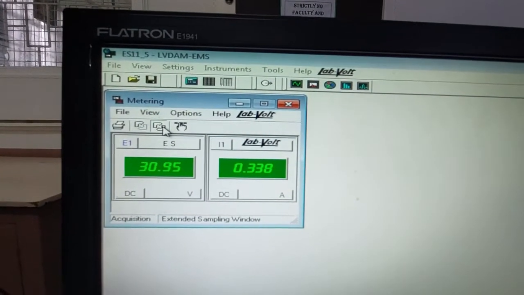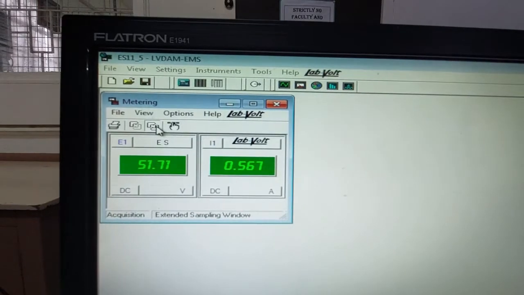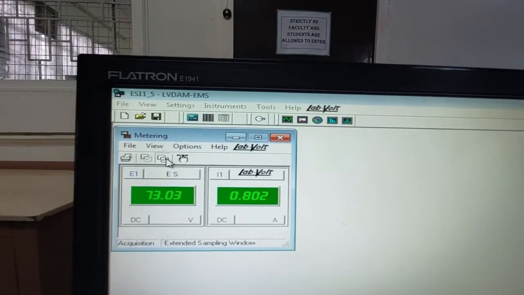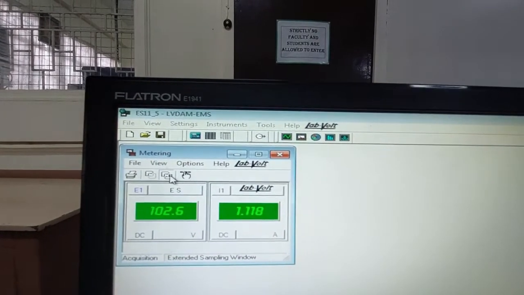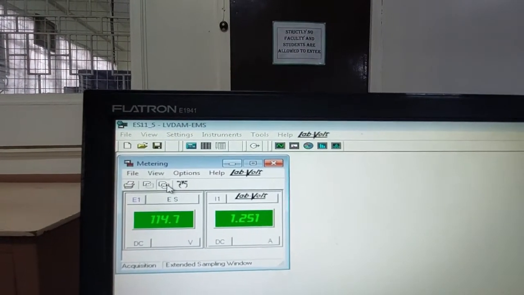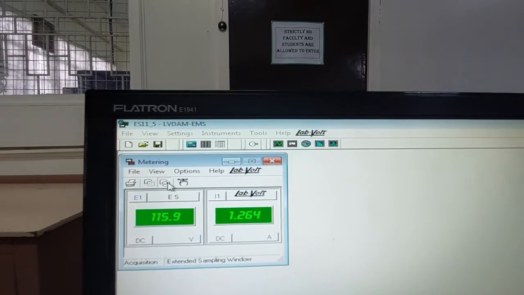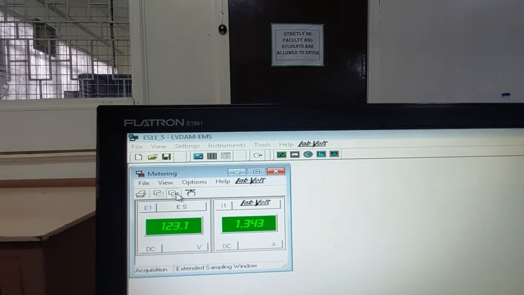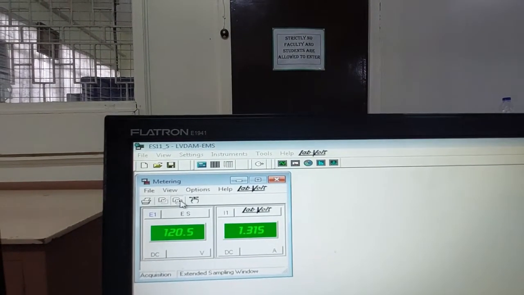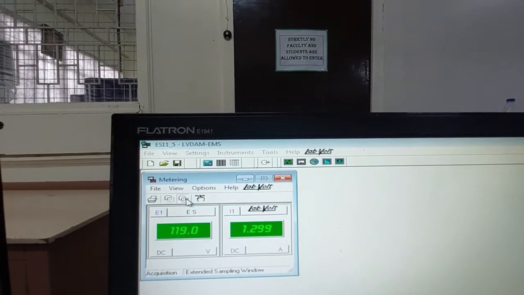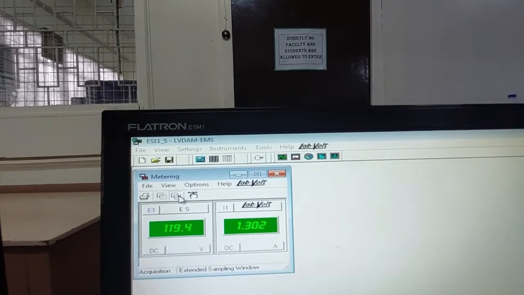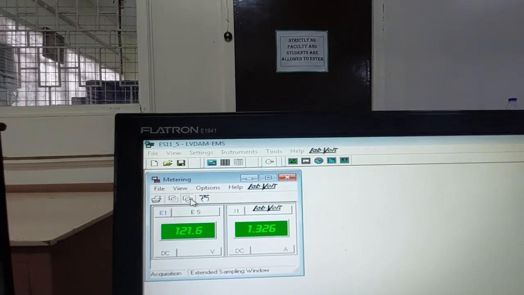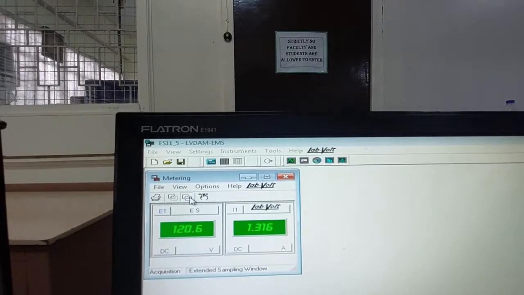So from that, titignan din natin sa meter. Kaya hanggang mapunta tayo sa 120 volts. Oh, 119.7, 123. Bawas pa konti. Ayan, baka tumaas pa yan. Oh, bawas konti. Bawas konti.